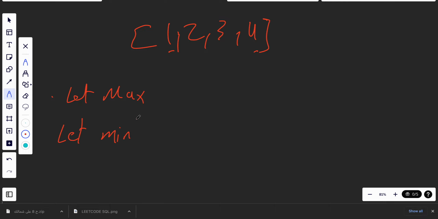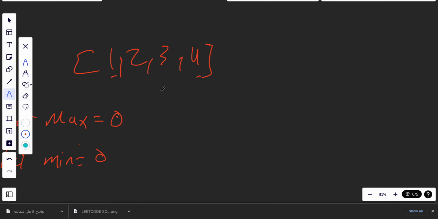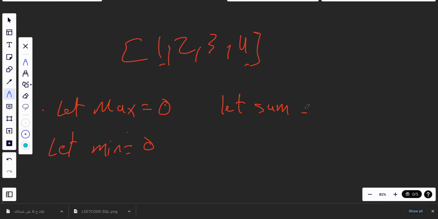And we have another one, let sum, and sum will be 0. Basically, with the sum I will add all of the numbers, so while adding 1, 2, 3, it will be 5, it will be 10. And while I'm adding the numbers in the loop, I'll try to find the max and min. So the max will be 4, and the min will be 1.